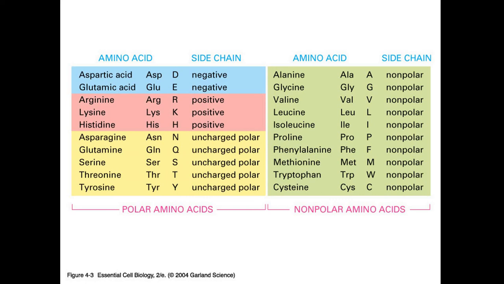On the basis of this table we can make four groups. You can see the four colors, these are four groups. Within the polar amino acids we have three groups: acidic amino acids, basic amino acids, and other polar amino acids, plus the non-polar amino acids.